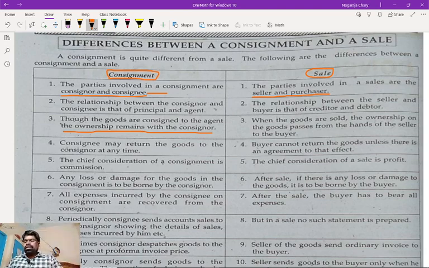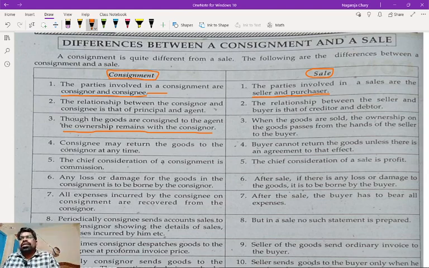After the transaction of sale, the ownership is also transferred. Here in consignment the ownership is not transferred; it remains with the consignor. The goods are transferred, but ownership is not. Whenever sales is done, goods and ownership are both transferred.